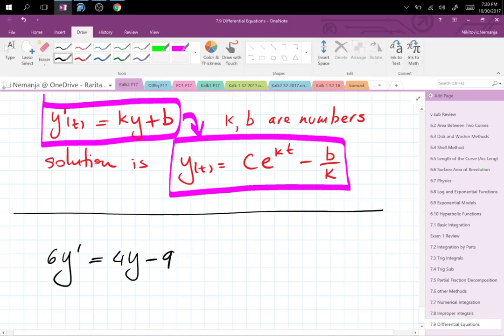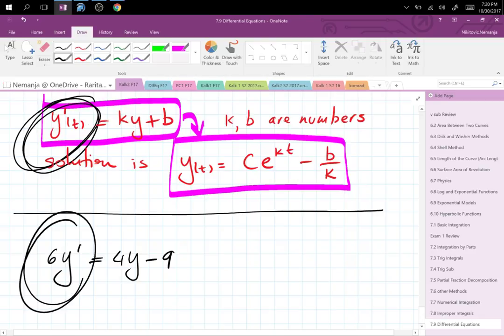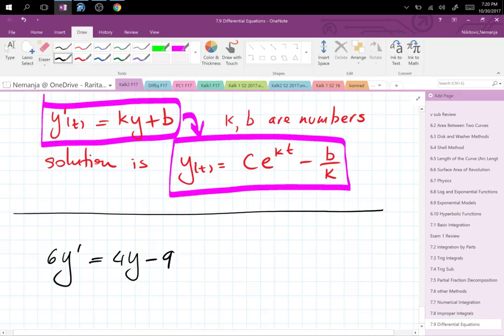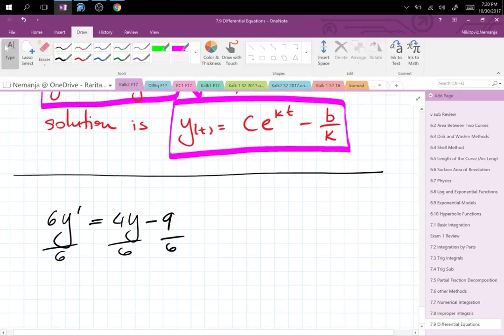I recognize the form, but the problem is that y prime, which was single in the equation, is not single here. I have to get rid of that 6, so I will divide by 6 everywhere to come up with y equals 2/3 y minus 3/2, right?